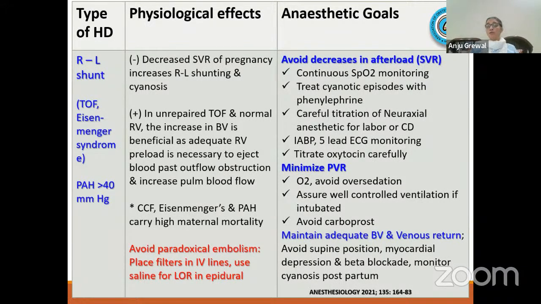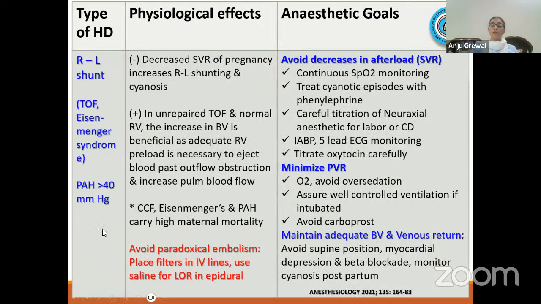And of course, needless to say, methergine, carboprost and all would need to be avoided in these patients strictly. We need to maintain an adequate blood volume. So a strict fluid balance is very important in these mothers. Having said that, hypovolemia is also not indicated and can be dangerous to these mothers as well.